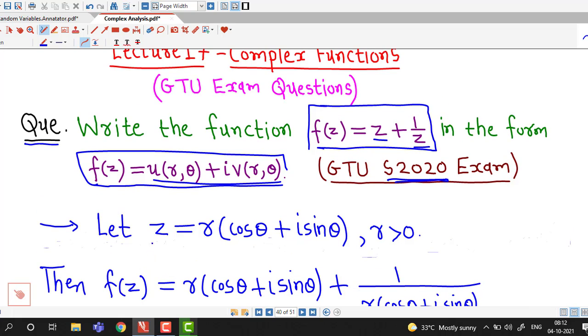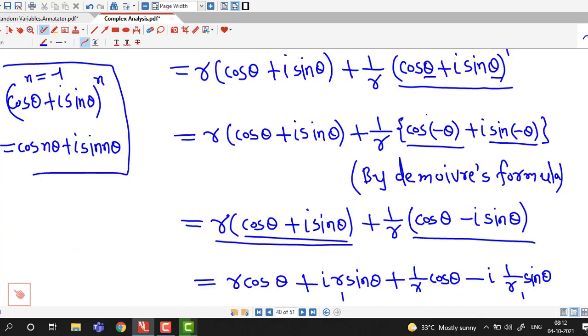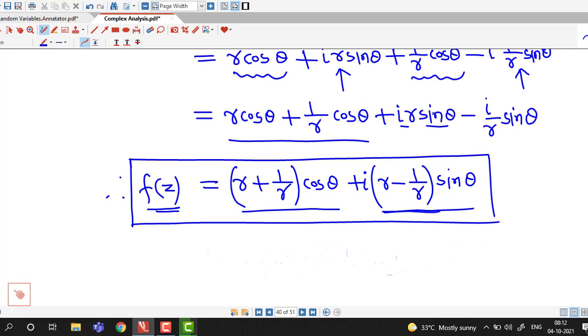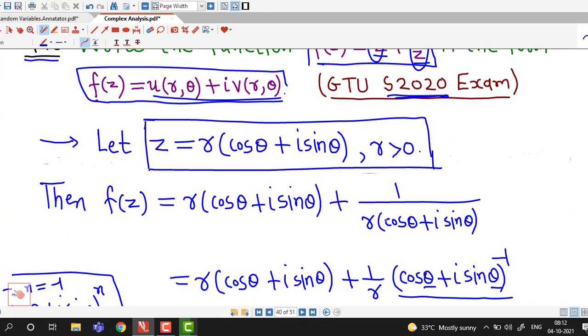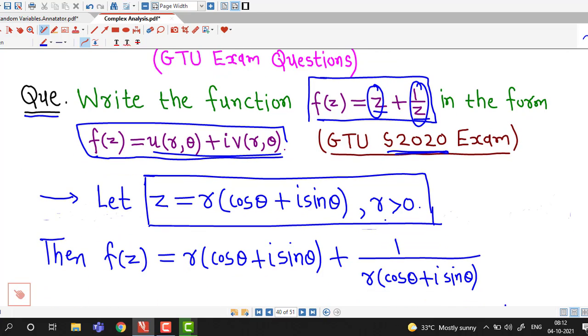You have to start by taking z equal to r into (cos theta plus i sin theta), which is the polar form of the complex variable z, and simply substitute z in the right hand side of the given function, and after simplifying we are able to express f of z in terms of u plus iv, where u and v are functions of r and theta. Okay, so this is a very easy question. You can do it easily by simply considering z equal to r into (cos theta plus i sin theta).